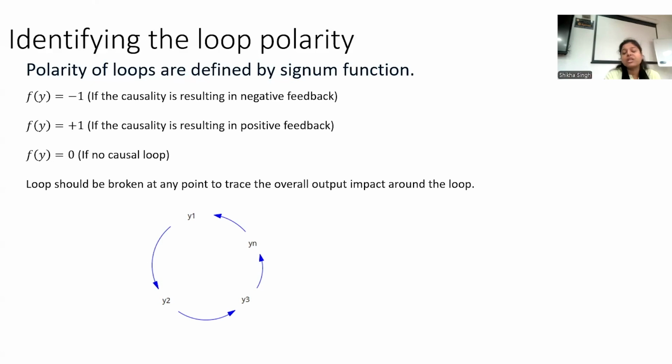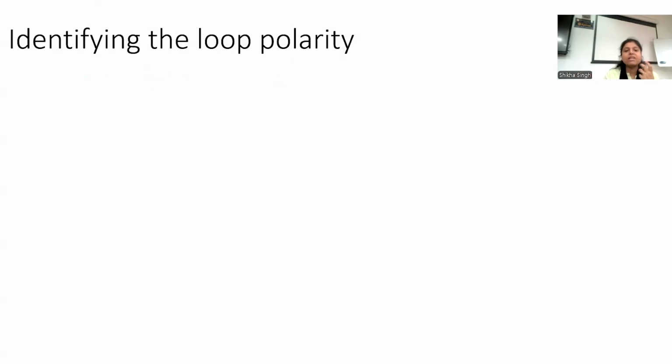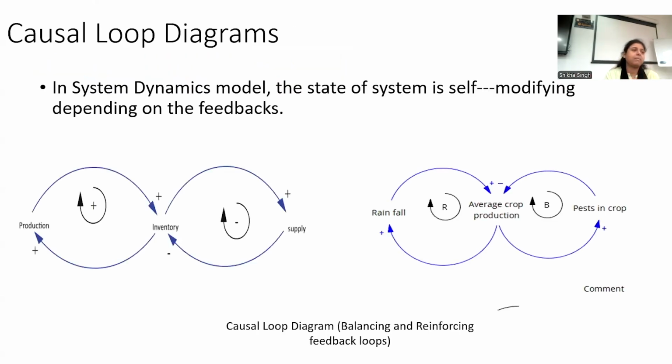So this is how the cyclic loops may exist. Now the question is, how will you identify the polarity? See, in the previous example it was very simple. One is giving positive impact and another is giving negative impact, let us say plus 0.3 and minus 0.3.